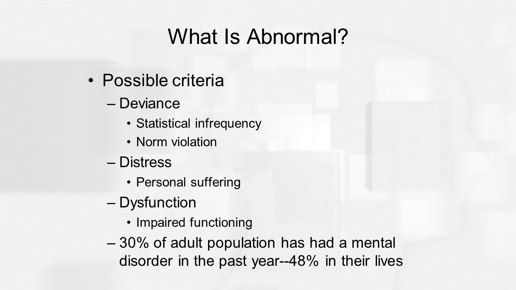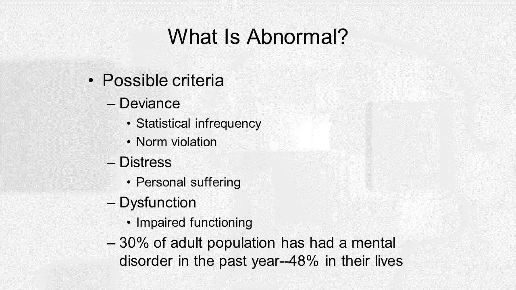It's not something that we typically see. But this criterion is not a good way for us to define abnormal, because what the data shows us is that it isn't statistically infrequent. In fact, we could consider it somewhat common.